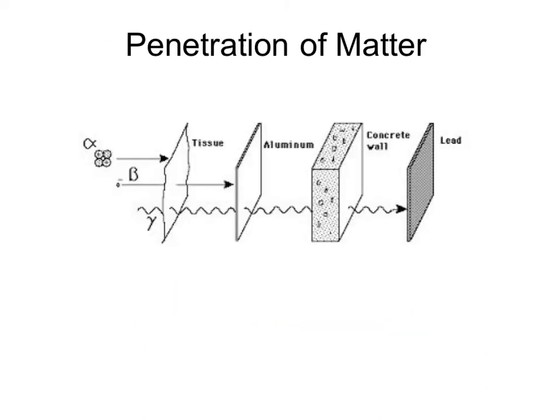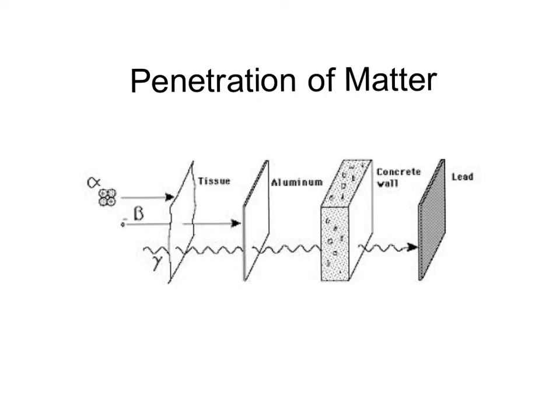Okay, getting there. So here we can see the effects of different radiations. All right, and so you see if you have alpha, beta, and gamma particles moving in from left to right.